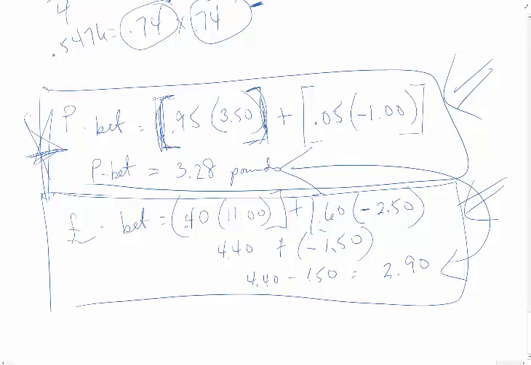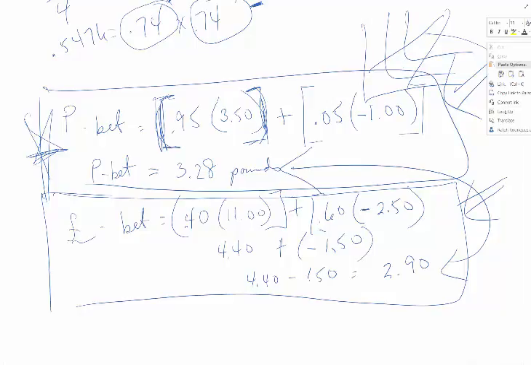This is it. Based on the mathematical expectation of making p-bets and pound bets, if you had to make one bet, which would you make? And the answer is this guy up here. And explain, I think we just did it. Okay, so those are the answers to Chapter 5.